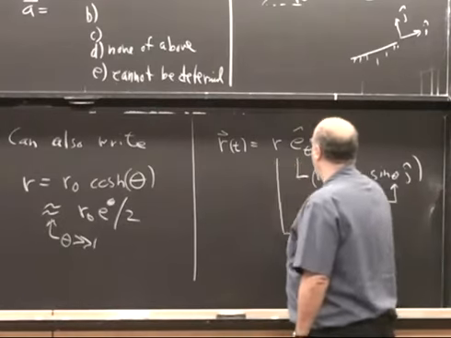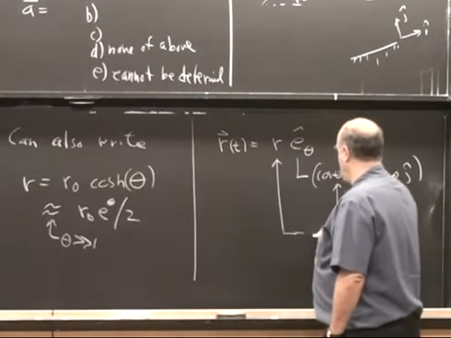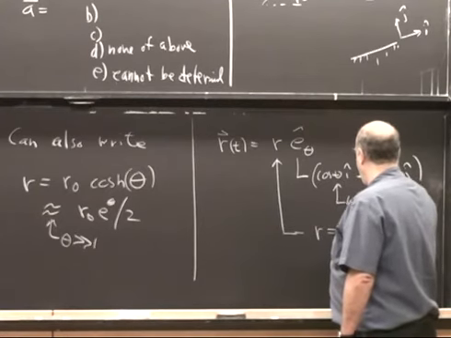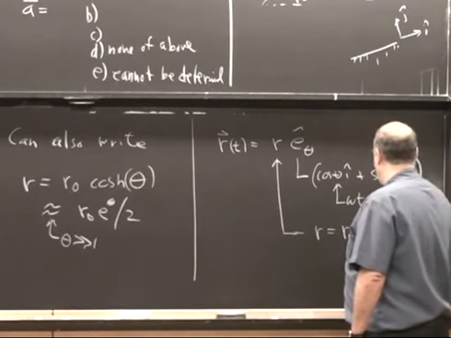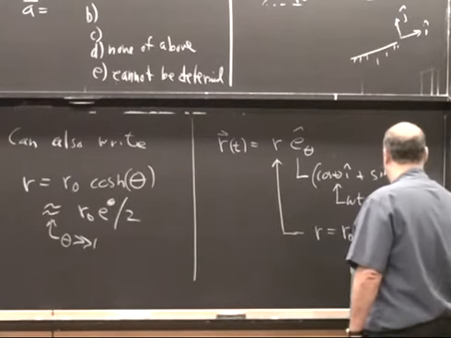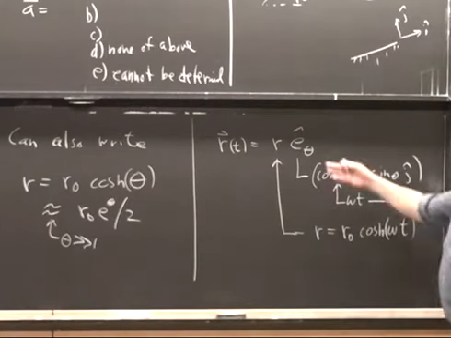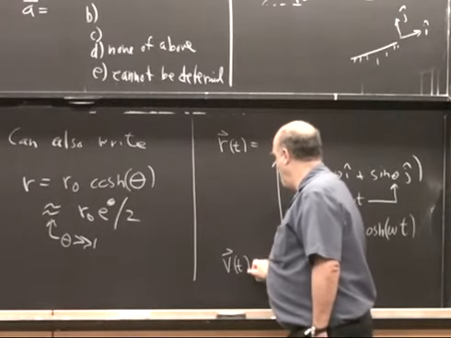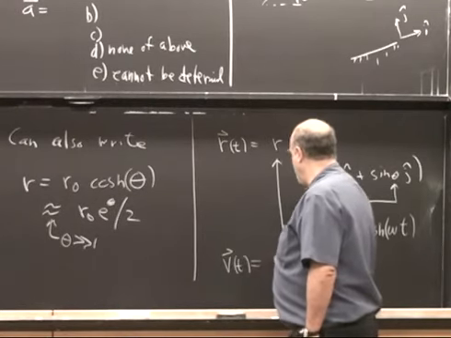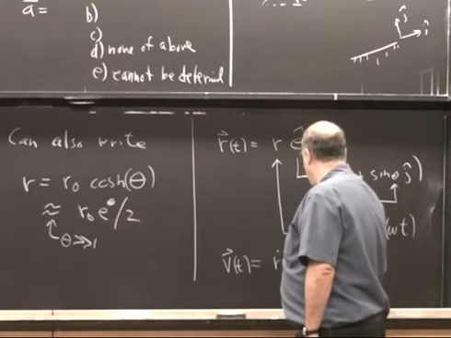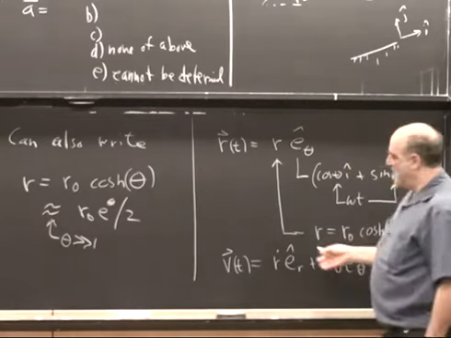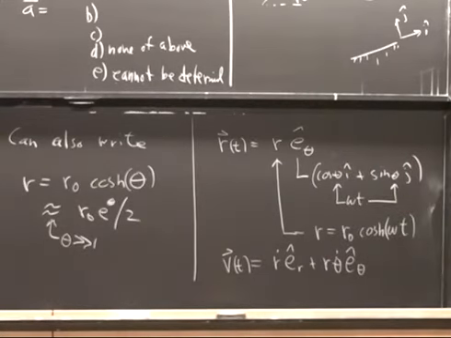And wherever we see r, we can plug in what we have for r, which is that r is equal to r0 cosh of omega t. So we can get r of t like this, and we can write v of t, if we wanted to know what the velocity is: r dot e_r plus r theta dot e_theta, and we can calculate the acceleration too. So we could plot various things and figure out velocities at various times and so on.